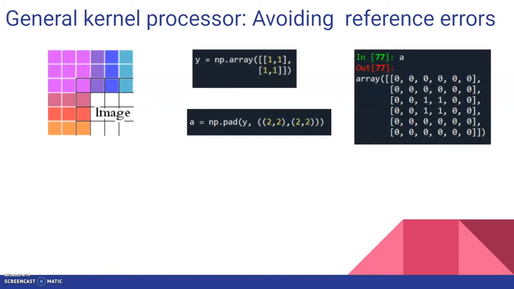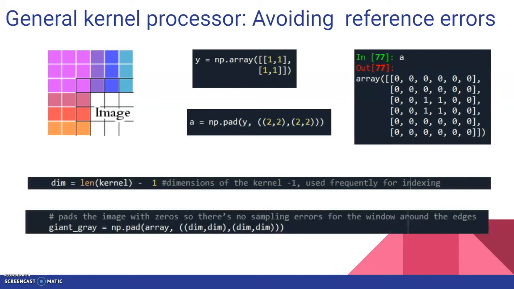We can fix this by padding. So here's a simple example where we have 2 times 2 padded with zeros all around, and we're basically taking that principle and applying it on a larger scale. But again, we're using variables that describe the dimensions of the kernel so that we can adapt to different sizes.